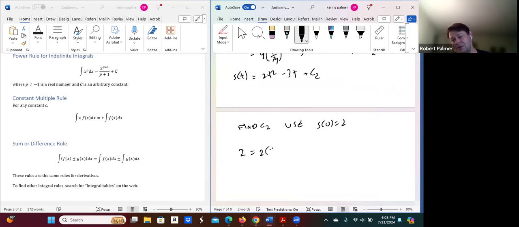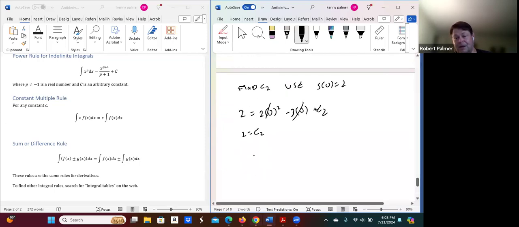So 2 times 0 squared minus 3 times 0 plus c2. And of course, these are 0, go away. And so c2 is just equal to 2. So finally, after all that, the function for my position is going to be 2t squared minus 3t plus 2.